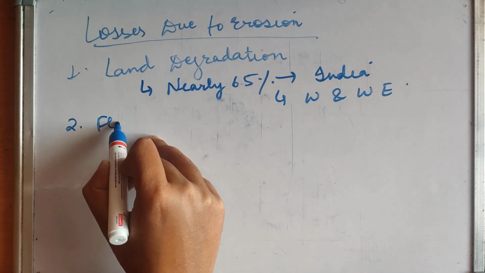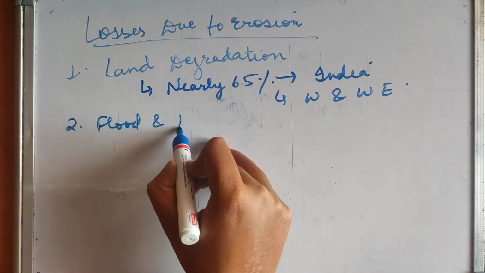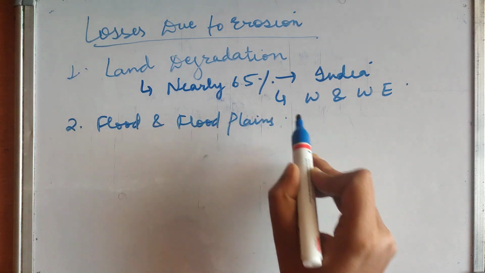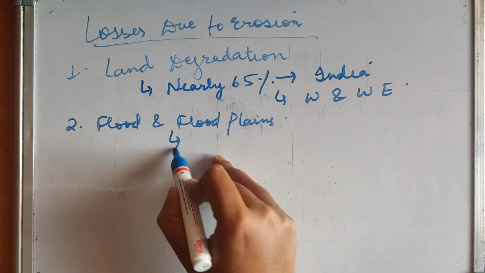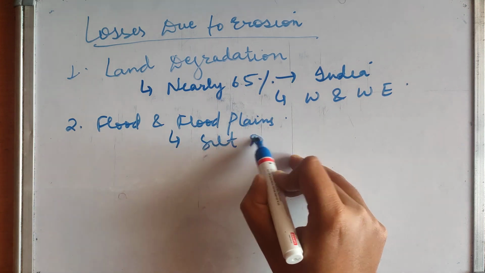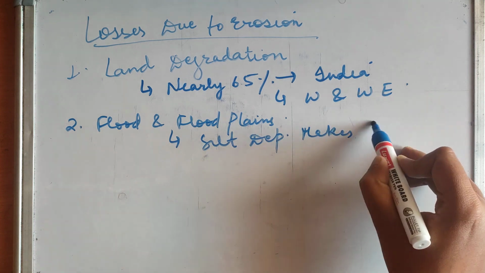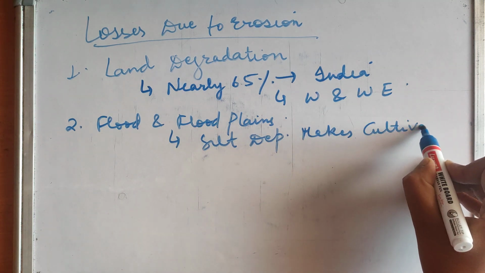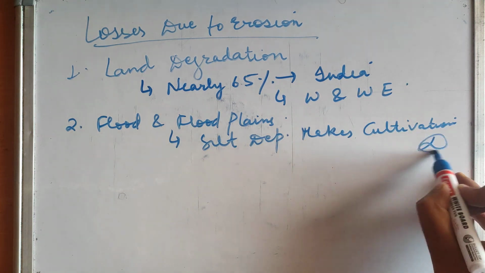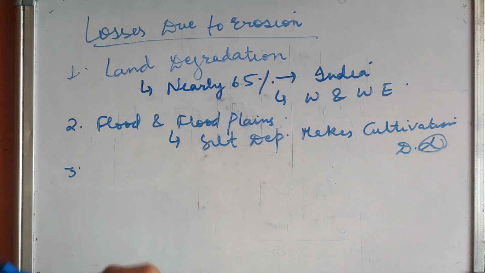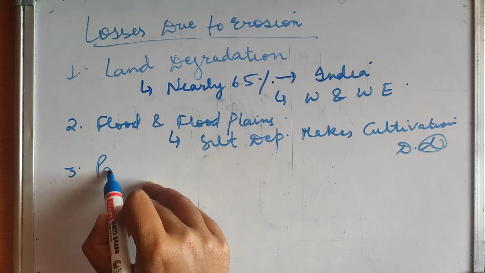Second is flood and flood plains. Silt deposition in floodplains makes cultivation very difficult. Productivity of agricultural land is decreased.